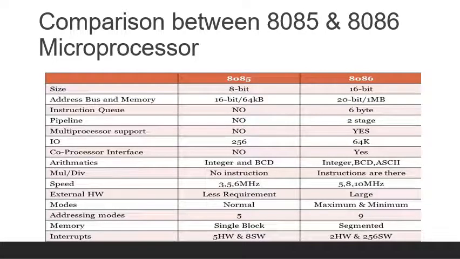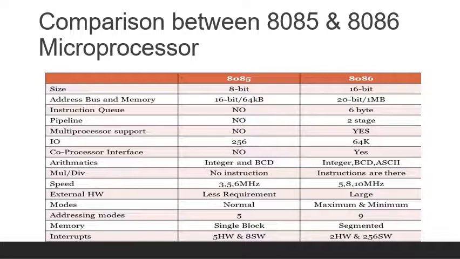Let us compare the 8085 microprocessor and the 8086 microprocessor. When we compare the size, the 8085 is an 8-bit microprocessor whereas the 8086 is a 16-bit microprocessor. Coming to the address buses, 8085 has a 16-bit address bus while 8086 has a 20-bit address bus.